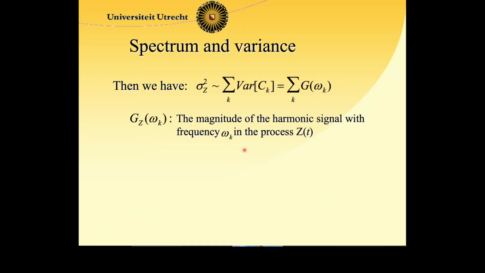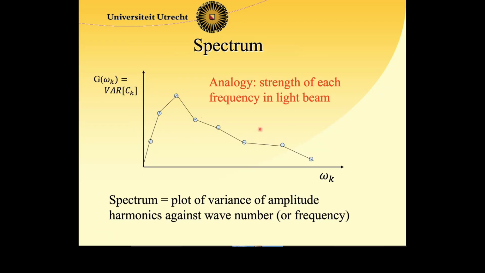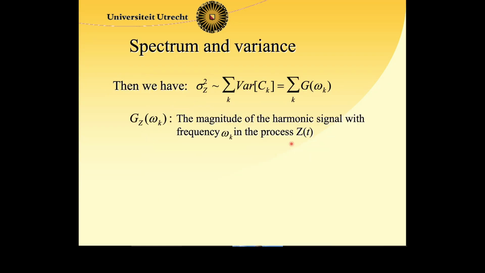By the way, if we add up all the variances of the harmonics, we get the variance of the total signal. We get the variance of the underlying random function.